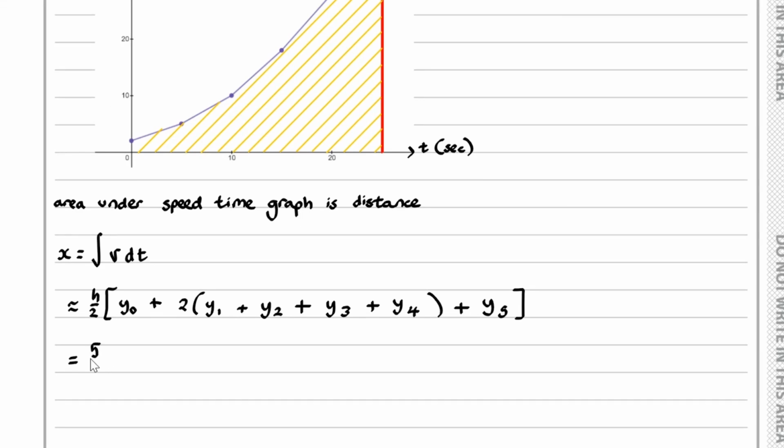So we have 5 over 2 lots of 2 plus 2 lots of 5 plus 10 plus 18 plus 28 plus 42. And if we work this out, we get 415 meters.